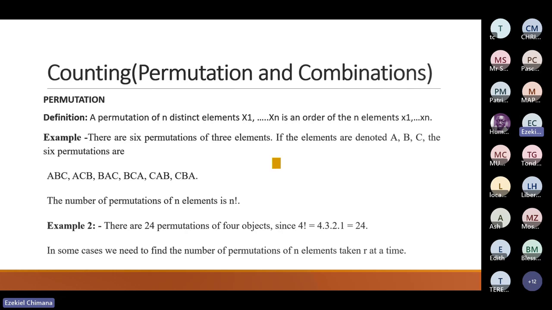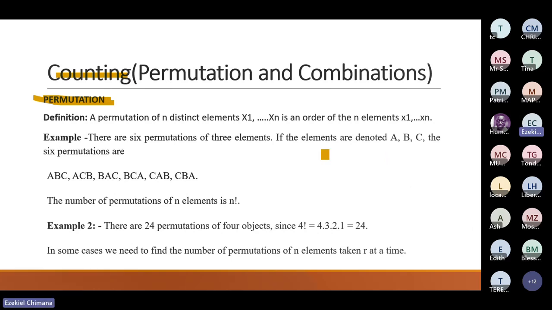So I'm just moving to permutation and combination. This one is also a topic on its own, under the counting unit. So let's start with the permutation. What is a permutation?